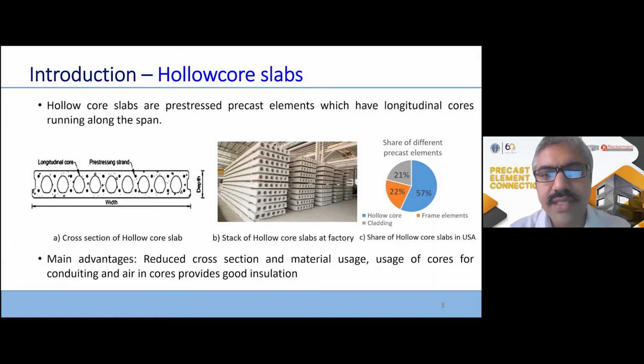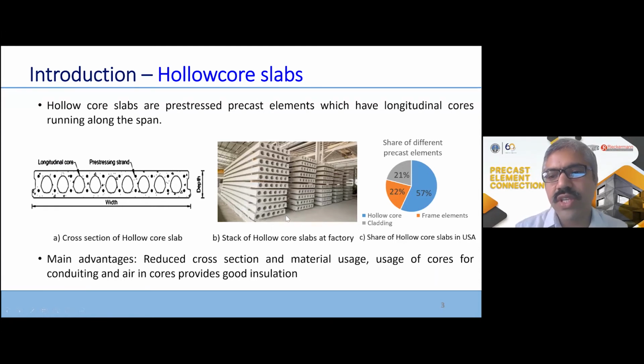So you would have already seen what a hollow core slab is. Hollow core slabs are pre-stressed precast elements which have longitudinal cores in the cross section. Here you can see there are several cores along the length, and in the figure in the middle, you can see the longitudinal cores, right?